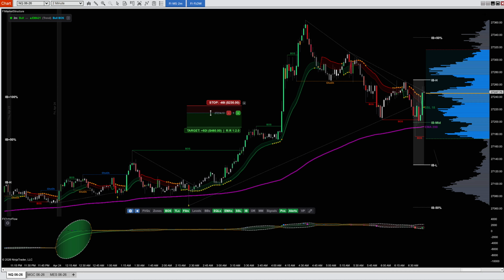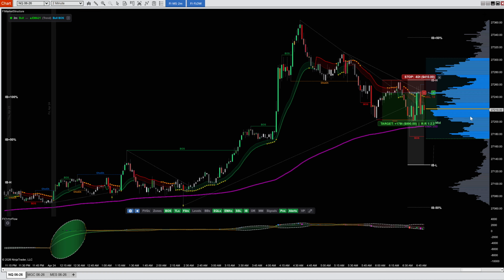And what you do is you put your stop right here, and then you would target, let's see, it's taking a trade. You would actually target that low for the first trade. And that actually worked out.